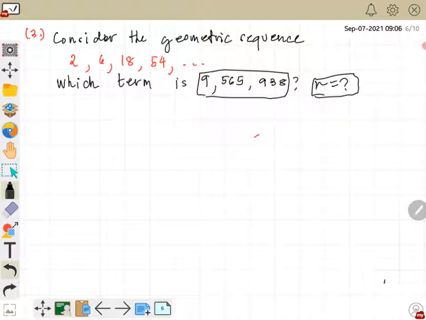Is it the 50th term? Is it the 40th term, or what? So we're looking for n. So how do you do that? The same principle.